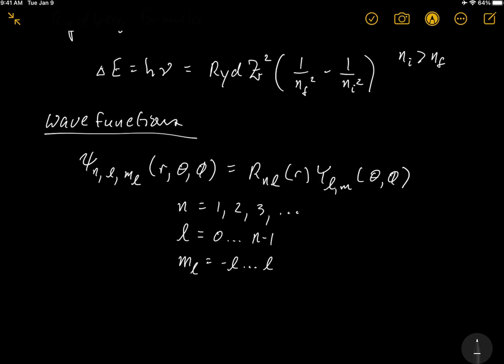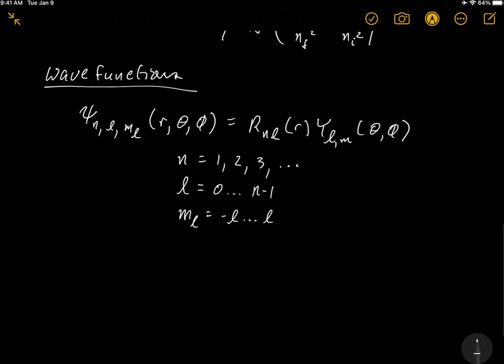You can't have n equals 1, L equals 2. You can't have L equals 0, ML equals 1. So in order to properly follow this scheme, you have to implement those rules. Okay.